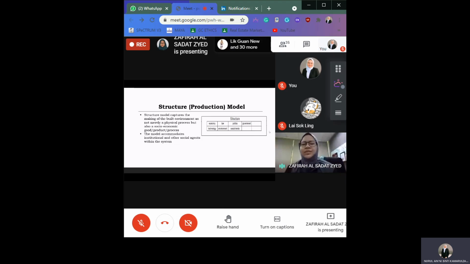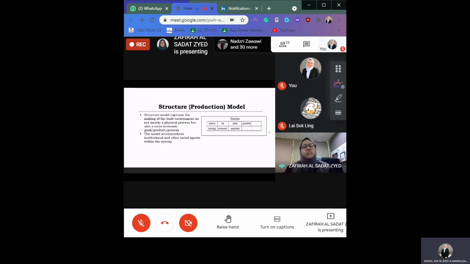So the structure model captures the making of the built environment as not merely a physical process, but also a socio-economic good, product and process. Okay, so it looks structurally at, hey, what do we need? In a development, this is what we should look at. This is the process. Well, the process should be within this structure of economy, technology, etc. And this model accommodates institutional and other social agents within the system.